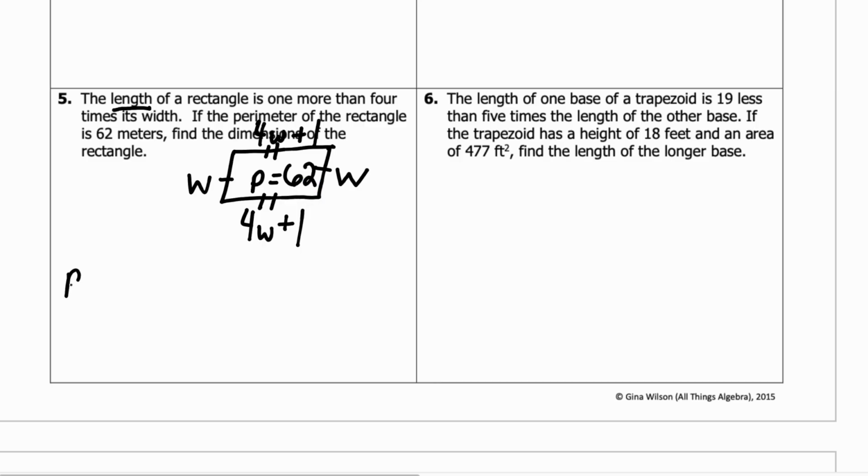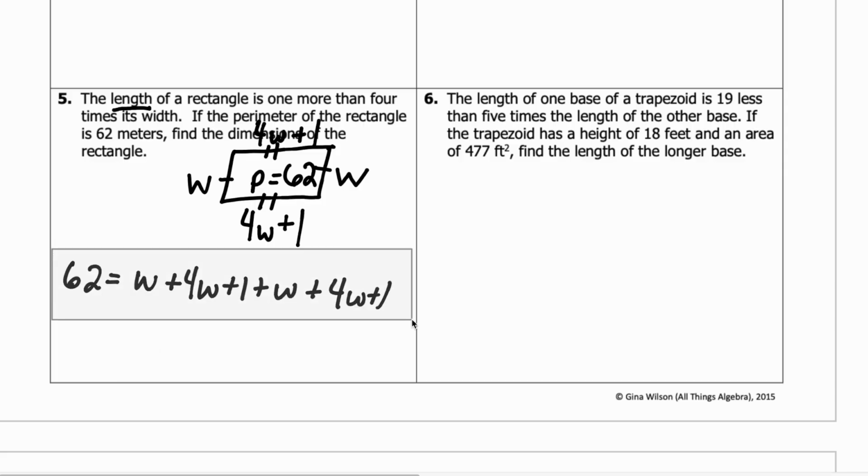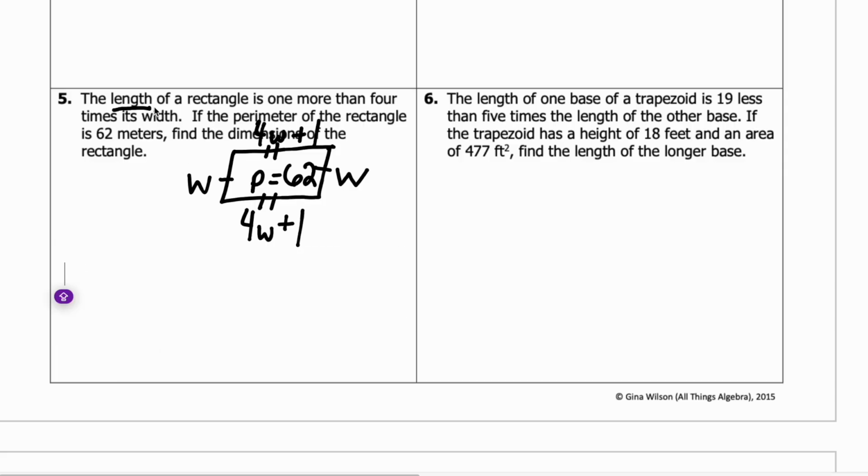If my perimeter is 62, then I can say 62 equals my width plus my length, which is 4W plus 1, plus another width, the other side, plus the last side. At this point, we could combine all of our like terms and then solve for W. But I want to show you a better way to set this up using our perimeter formula.